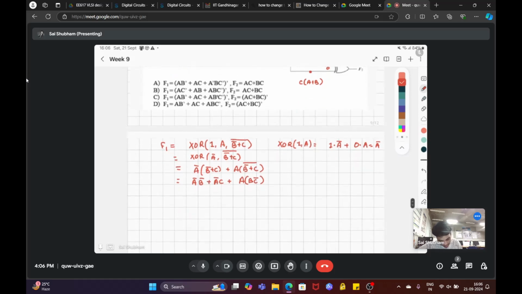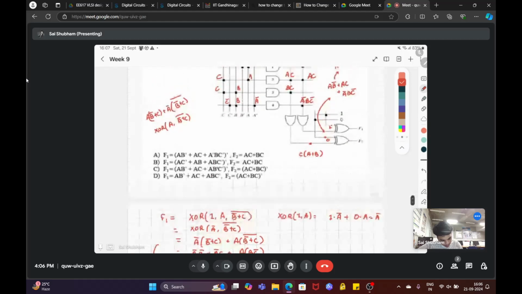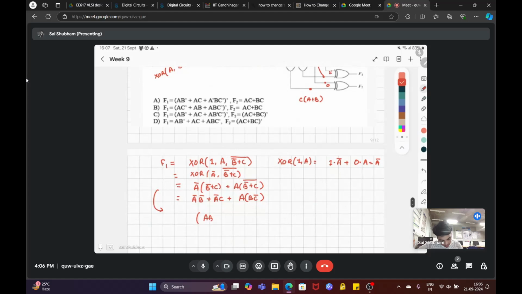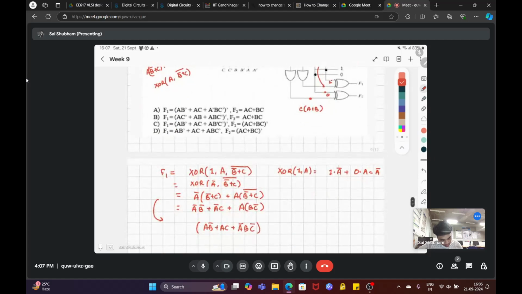Or I can write it this way: AB bar plus AC plus AB bar whole bar. Okay. So this is your option A.